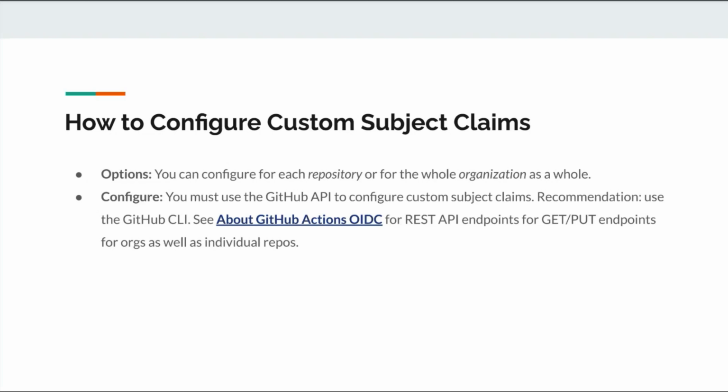You have to do it using the GitHub API. My recommendation is to use the GitHub CLI since it abstracts certain things away. You can also just use a curl command. And there's a link here which provides a reference to the REST API endpoints.